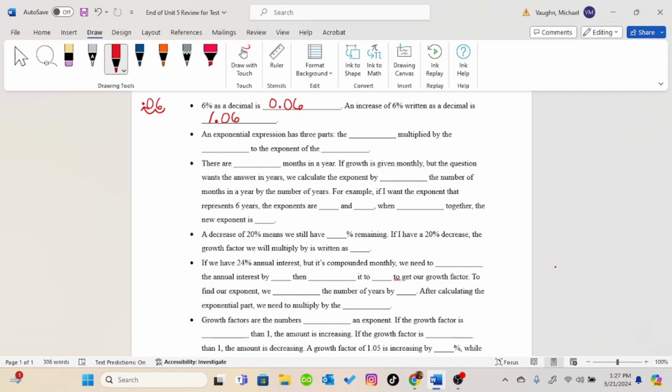An exponential expression has 3 parts. Every time you write an exponential expression, or any time you have to match a description to an exponential expression, remember it's made up of the starting amount, which is also known as the y-intercept, multiplied by the growth factor to the exponent of the input.